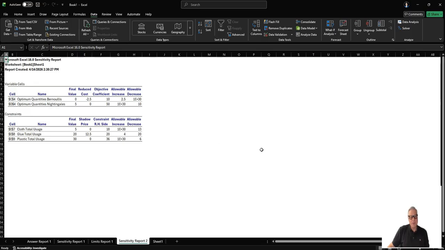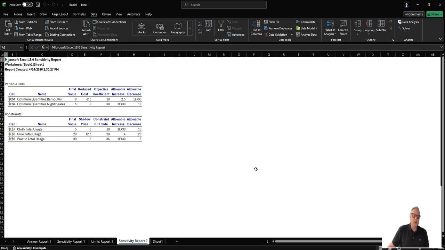What that means is if the unit profit of a Bernoulli went up by more than 2.5, which is equivalent to saying that the unit cost goes down by 2.5, holding everything else constant, then you would have to introduce Bernoullis.